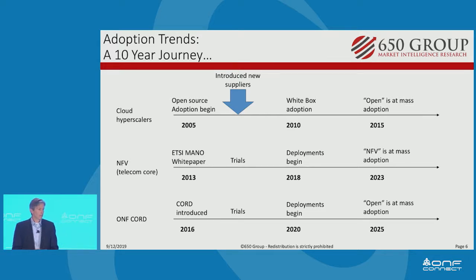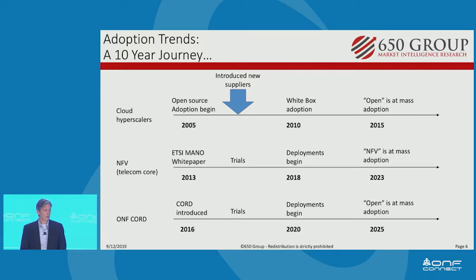And following the analogy here, I think it's a good framework to say that the ONF CORD has been introduced. We're now in trials, and deployments will begin in about the period of time starting this year and next year, and open adoption is maybe 5 years out. So that's the analogy that we're going with here.